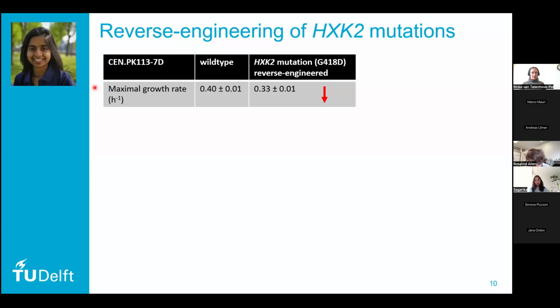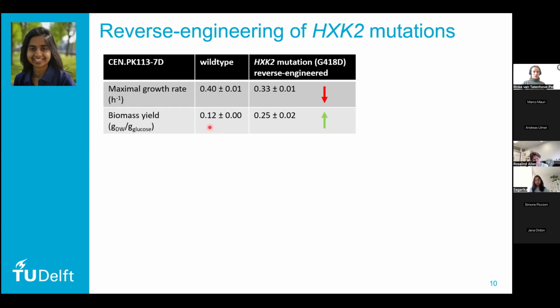And what we saw is that the growth rate of the hexokinase 2 mutated version of the strain went down, from 0.4 to 0.33. So indeed, we have a lower growth rate. If we look at the biomass yield, so here it is gram dry weight produced per gram glucose consumed, we see that this really went up a lot.